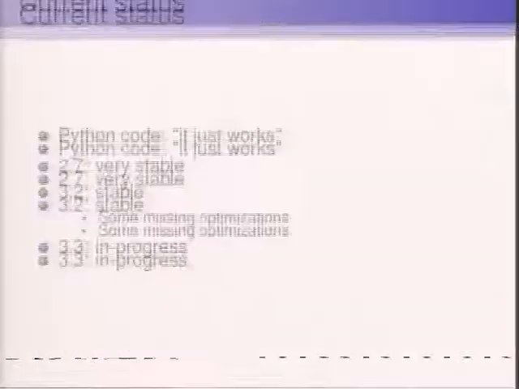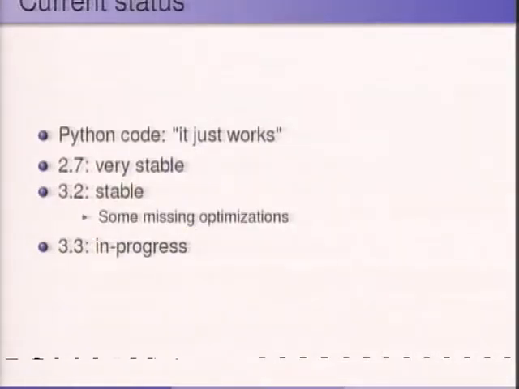So the current status of running Python code: it just works. There's not much to say. If it runs with CPython, it will run with PyPy. 2.7 has been stable for quite a while. For Python 3, we have had support for 3.2 since, I think, last year, and 3.3 is in progress.